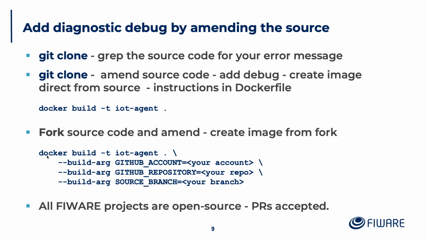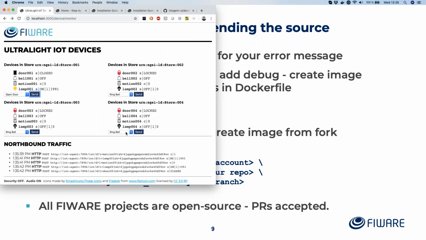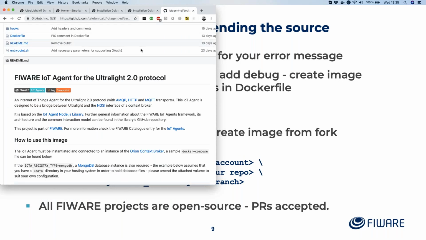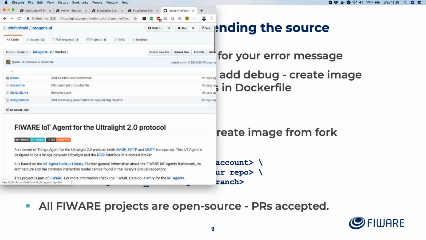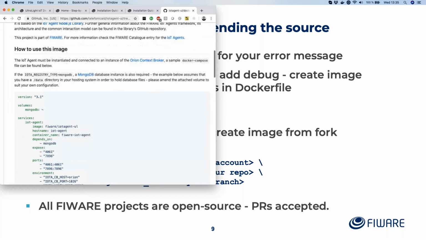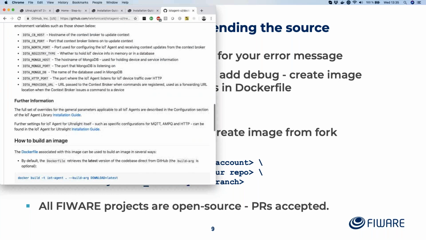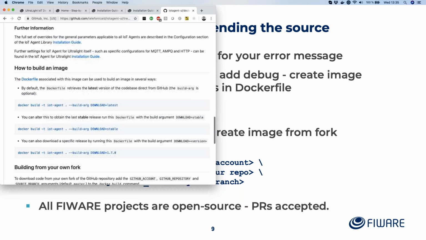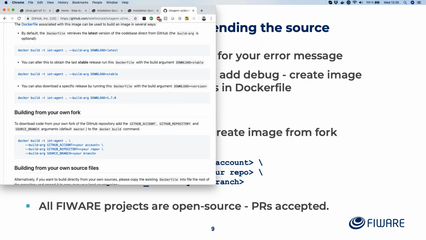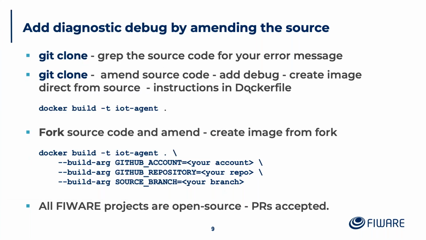If I quickly look at the IoT agent, for example, we have here a Docker file for the IoT agent, and it will say what the common information are, but you can also build your own IoT agent. It is possible to clone the source code, make a change, and either build direct from source or build from your own fork of the system.